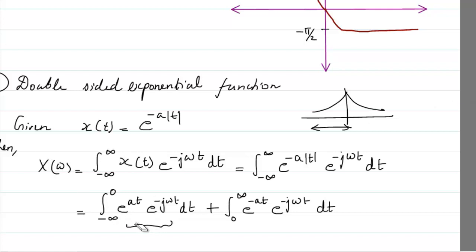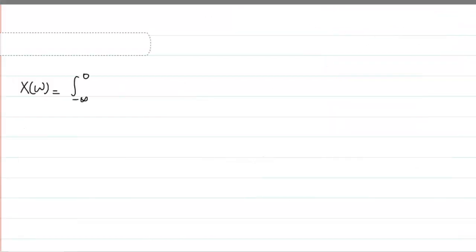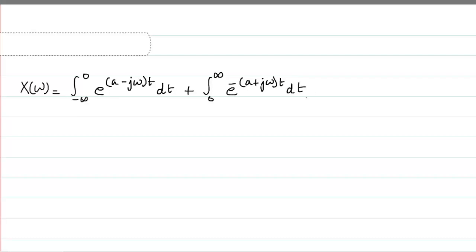Multiplication means adding up the powers, which are a and minus j omega t. So I will put it in brackets and write e raised to power a minus j omega of t dt, plus the integral from 0 to infinity of e raised to power minus a plus j omega of t dt.